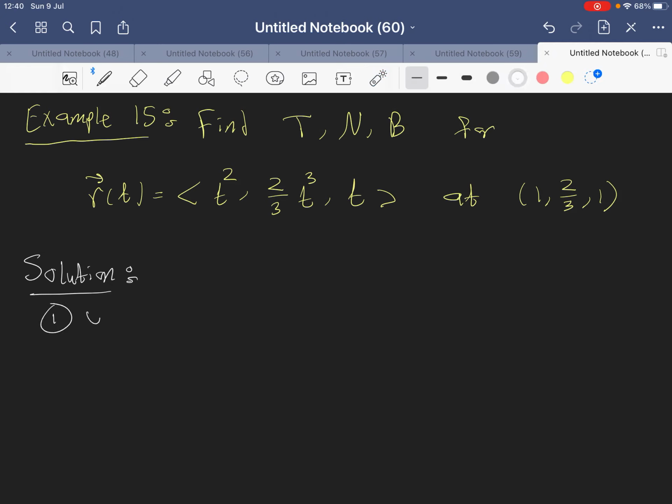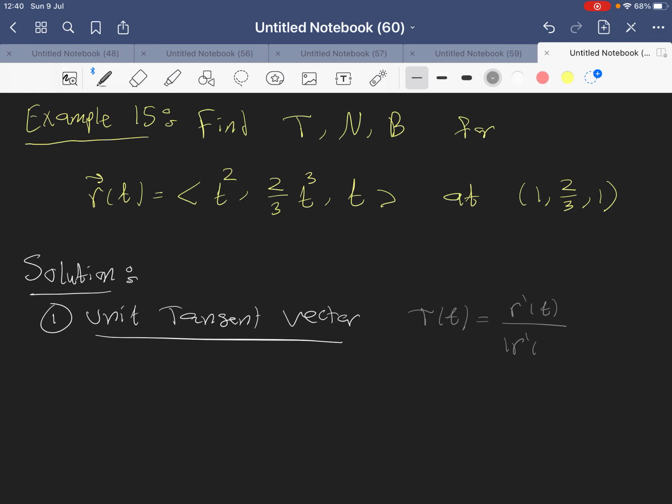Number one, the unit tangent vector, which is given by this formula. T of t equals, we need to find the first derivative, and then we take the length of the first derivative.